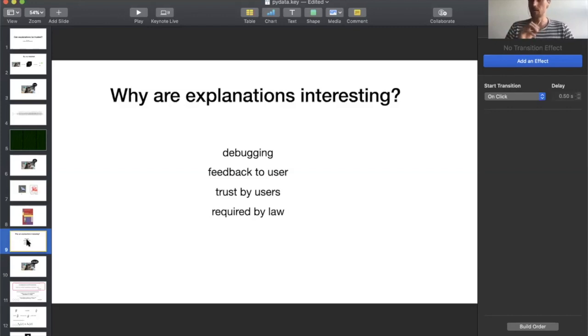And then the last reason, which is getting very important these days, is that these explanations are increasingly required by law. There's now a regulation by the European Union, which goes under the name of Right to Explanation, which basically says that any automated algorithmic decision process has to provide some kind of explanation with it.